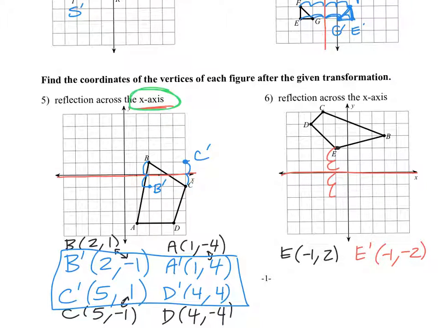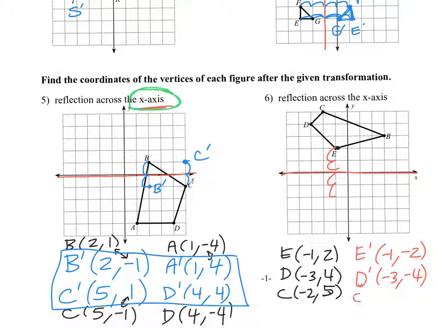I'm going to go ahead and do the rest of those real quick. So d originally is 1, 2, 3, so -3, 1, 2, 3, 4. So d apostrophe, sorry, would be -3, -4. Okay, c was originally at -2 and 1, 2, 3, 4, 5.